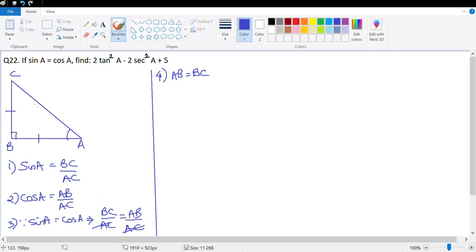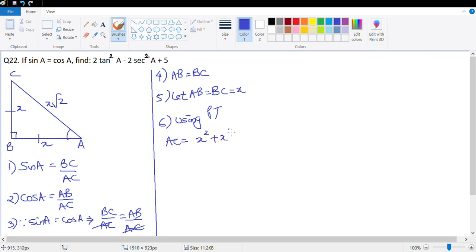This is an isosceles triangle. So let AB is equal to BC is equal to x. So if this is x, this is x, applying Pythagoras theorem, this would be x root 2. So using Pythagoras theorem, AC would be equal to the square root of x square plus x square, which means AC is equal to x root 2.